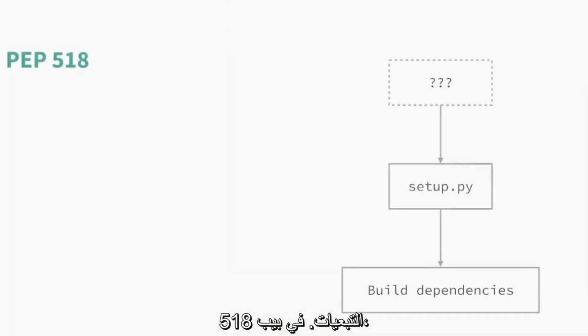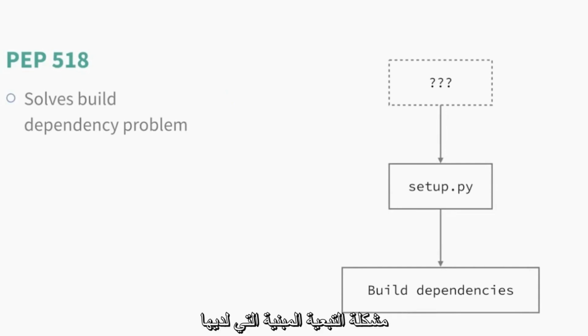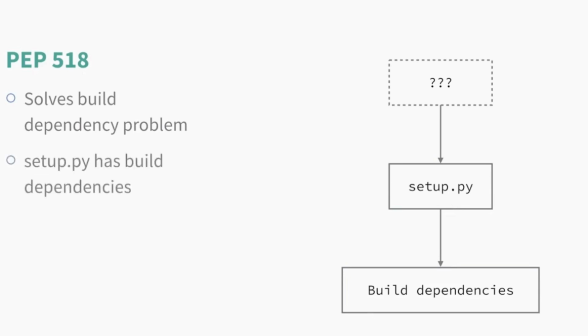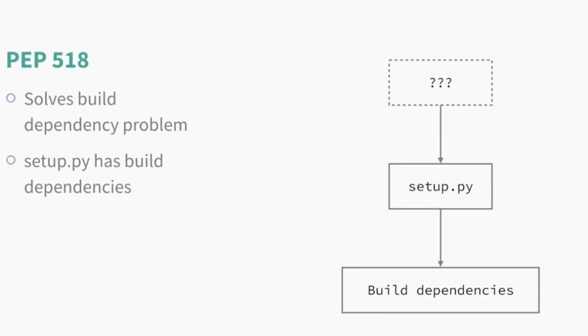In PEP 518, pyproject.toml is proposed to solve a build dependency problem that has arisen in the Python community. Before, most Python software used setup.py to specify the build dependencies, such as other Python packages that they depend on. However, being an executable file itself, setup.py may require certain Python packages to work properly.